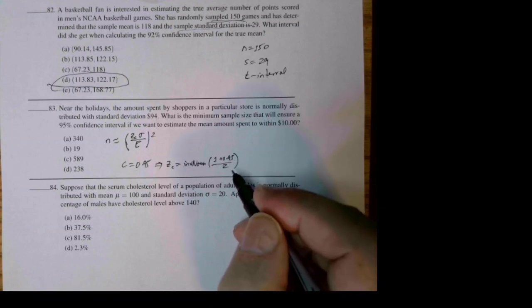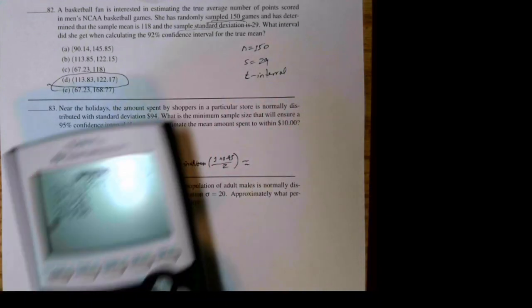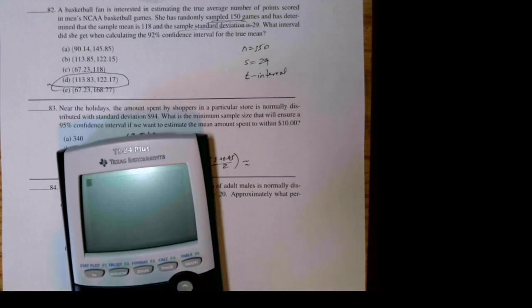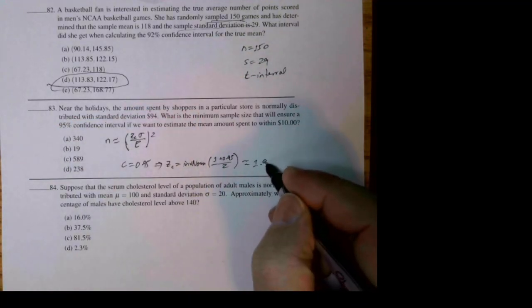Remember to add these together and then divide by 2. So here we go. When I add them together, I do it in my head, so I'll do this. Inv norm of 1.95 over 2. It gets rounded to 1.96. So we'll call that 1.96.